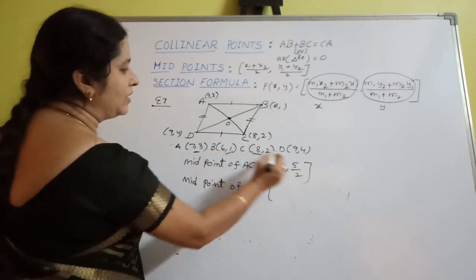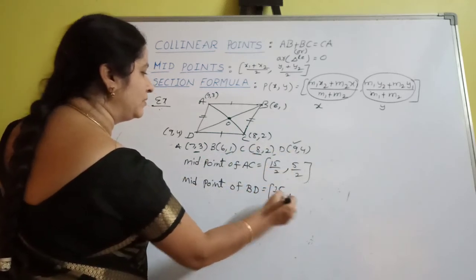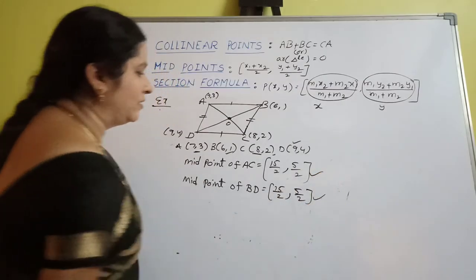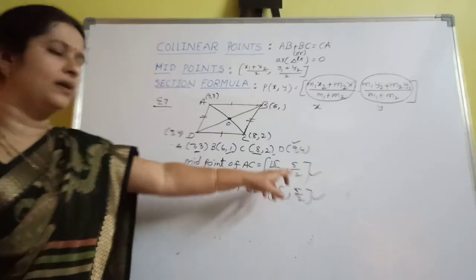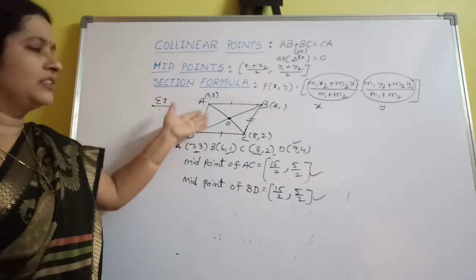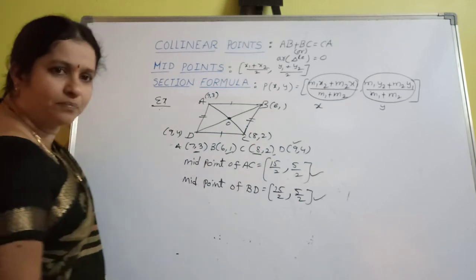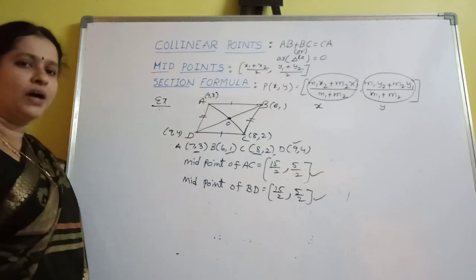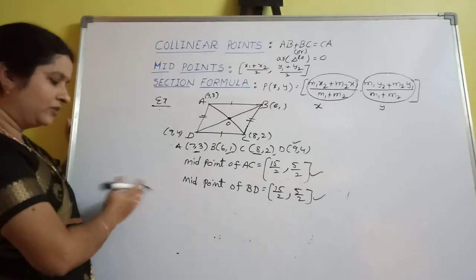You take the B value and D value: 6 plus 9, 15 by 2, and 1 plus 4, 5 by 2. So these 2 points are equal. X coordinates are equal and y coordinates are also equal: 15 by 2 and 5 by 2. So these 4 points make a parallelogram. For this sum, we have to find the midpoints of the 2 diagonals. If those are equal, then it is a parallelogram. If these 2 are not equal, simply you can write that it is not a parallelogram.